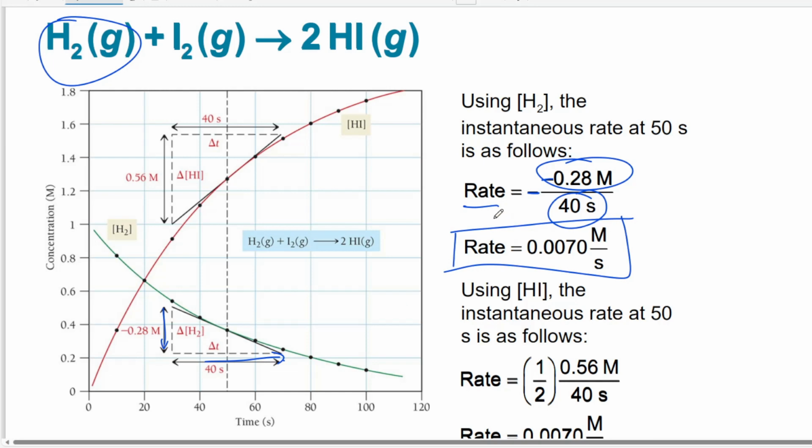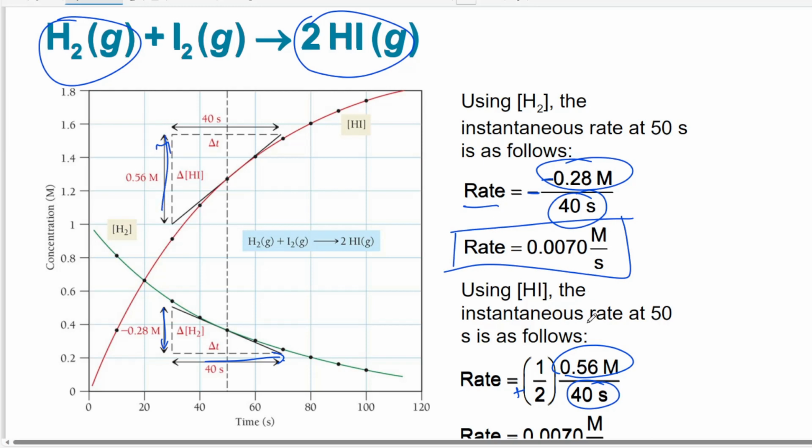Now, we can also express the rate in terms of our product, HI, but we see that the coefficient for HI is 2. And since it's a product, we don't put a negative in front, we have a positive, so we can express the rate as 1/2 times 0.56 molar over 40 seconds.